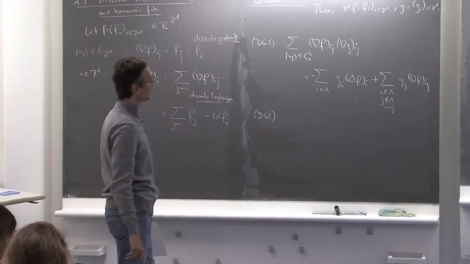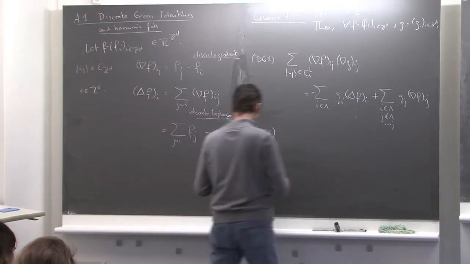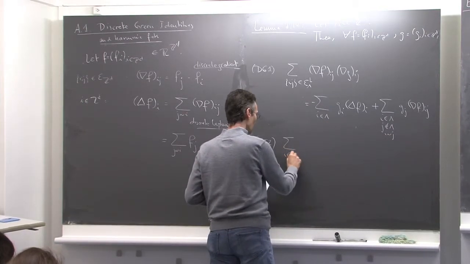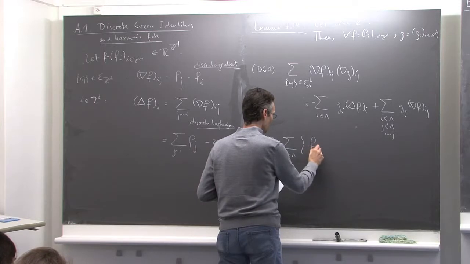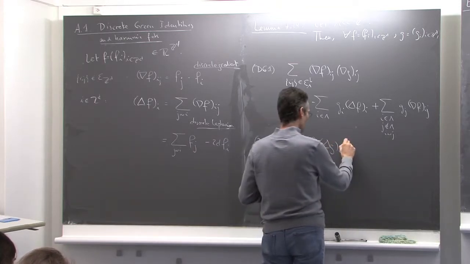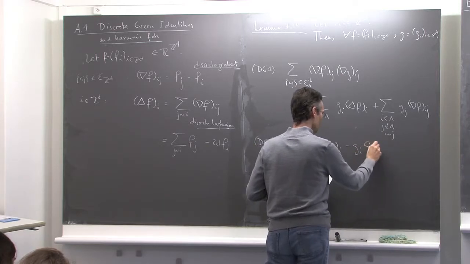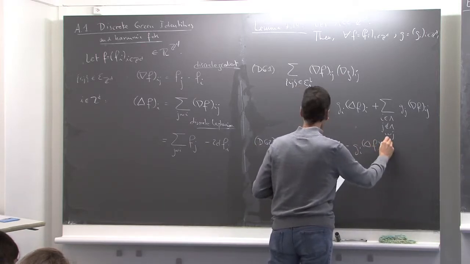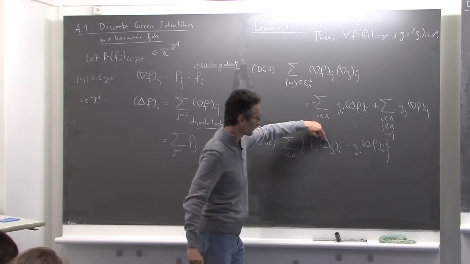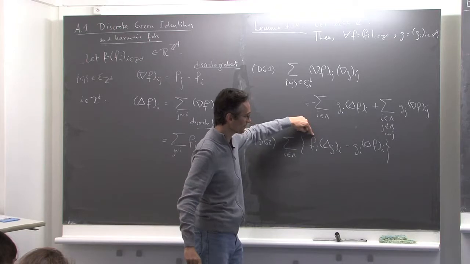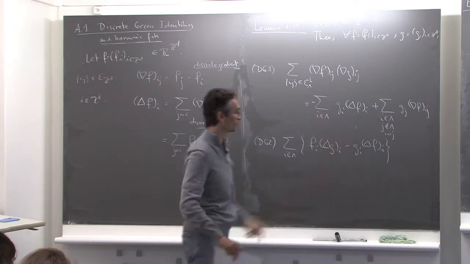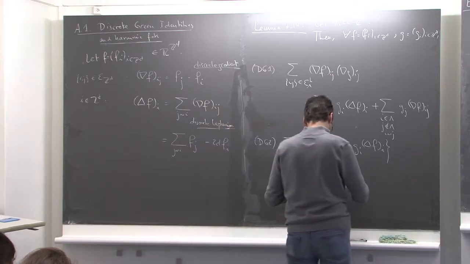And then let's state a second identity of this type. The second one can be written as follows. So sum over all i in lambda of fi, the discrete Laplacian of g at i, minus gi, discrete Laplacian of f at i. So I move from this guy to this guy by moving the Laplacian, so I'm making two summations by parts. So this should just give me some boundary term. And indeed, that just gives you a boundary term.